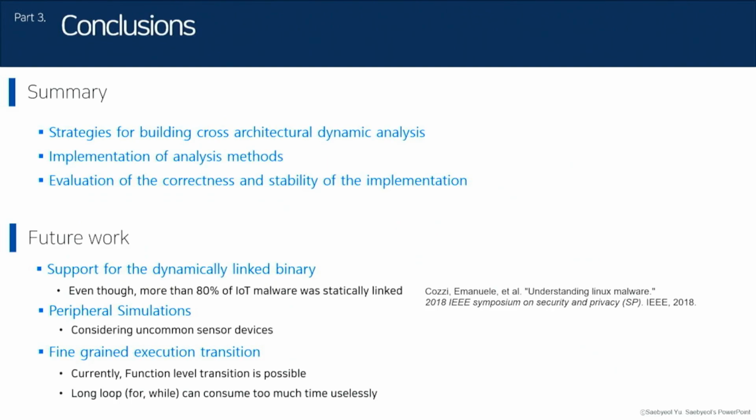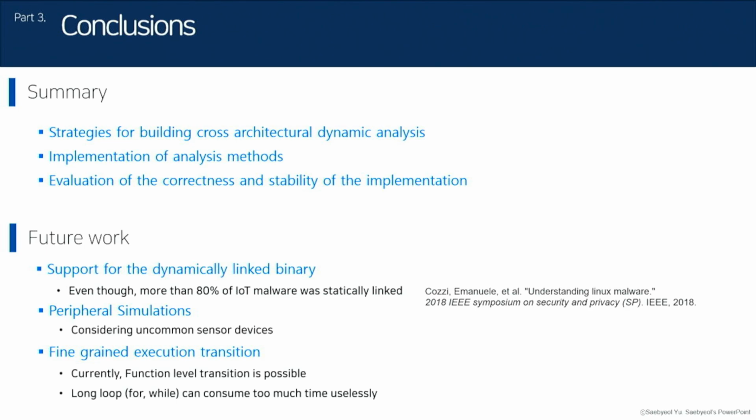So this is the conclusion. We showed our strategies for building cross-architectural dynamic analysis and implemented based on those. And the evaluation results showed the correctness and stability of our dynamic analysis method. There is some future work.